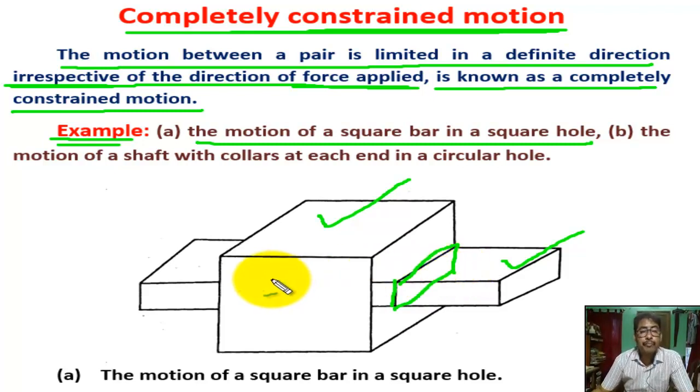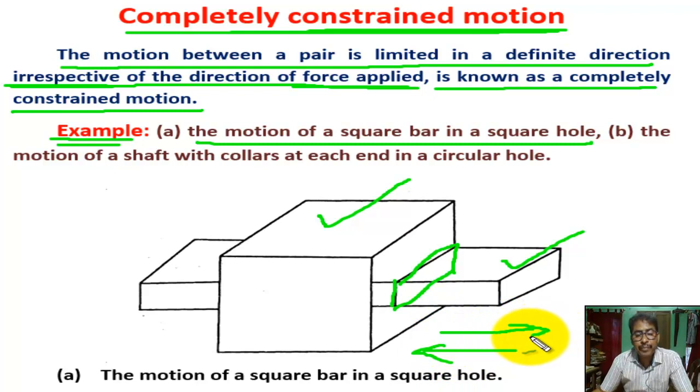The motion of a square bar inside the square hole is in a definite direction. The bar can move in this direction or in this direction. Only sliding motion or reciprocating motion, no other motion is allowed.